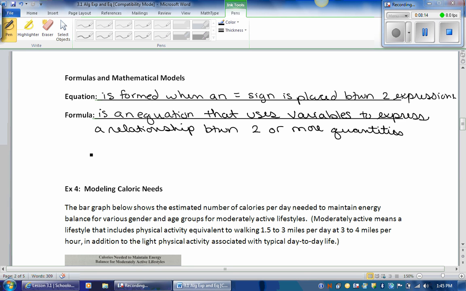So an example of a formula could be H equals 1/5 times 220 minus A. Okay, H perhaps being heart rate in beats per minute, and A being your age. Okay, so there's two different variables working together there.